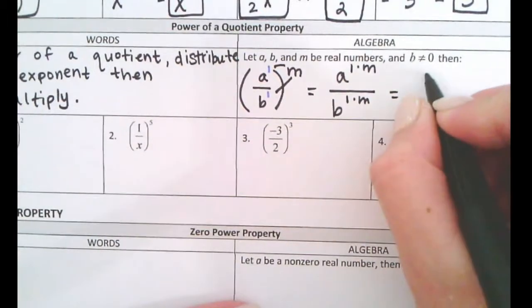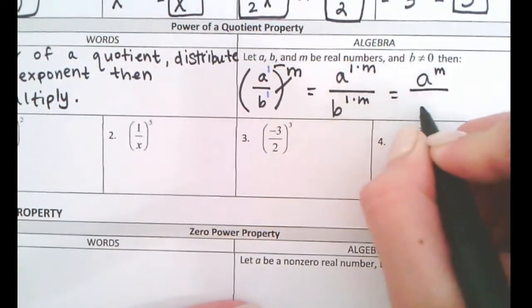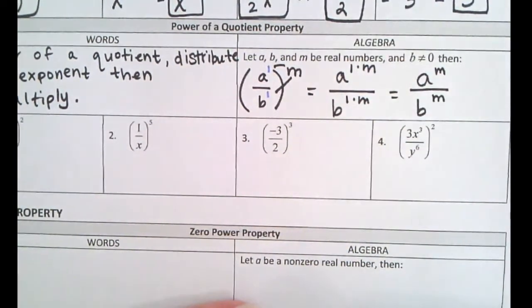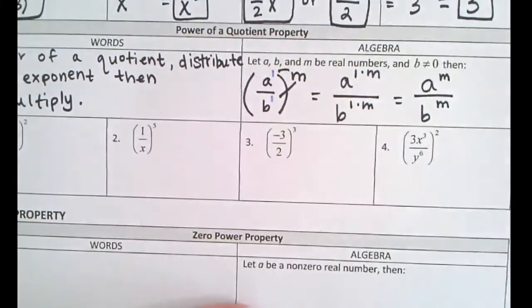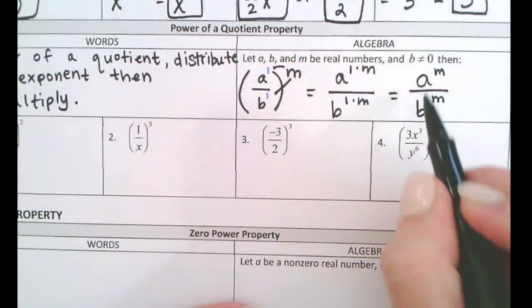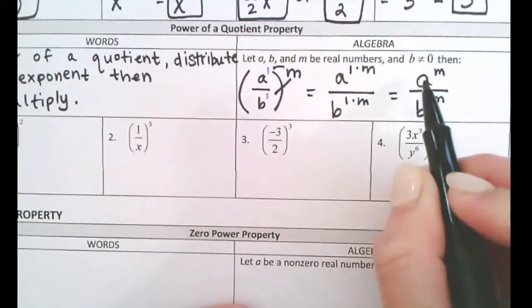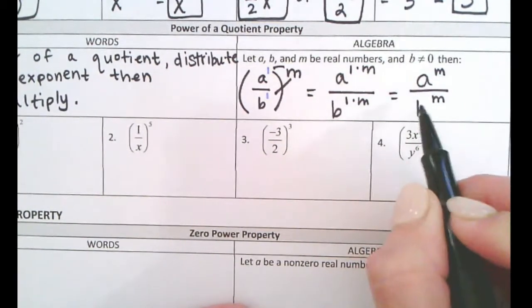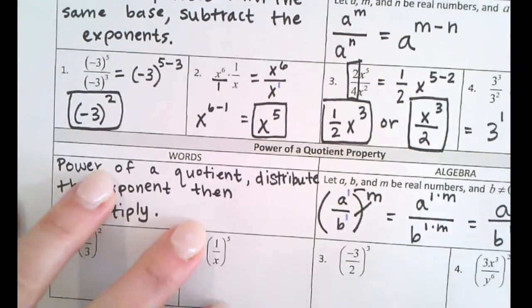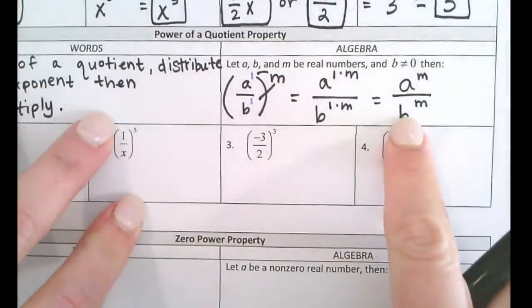Simplifying that, I get a to the m divided by b to the m. I cannot simplify this one further because even though this is a division problem, I need the same base. This base is a, this base is b, and I cannot actually combine the exponents. So this is fully simplified.